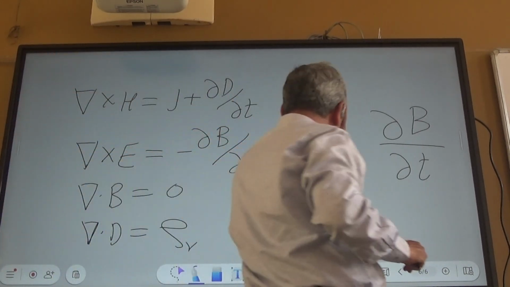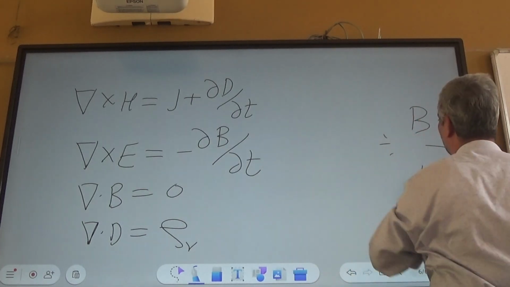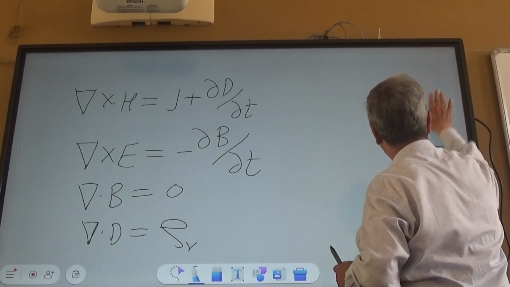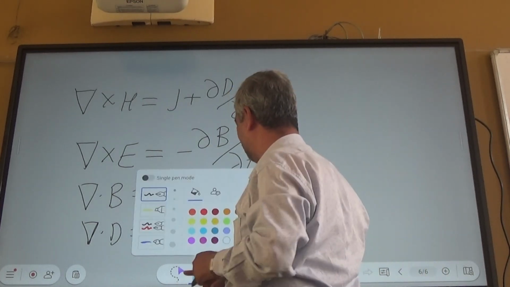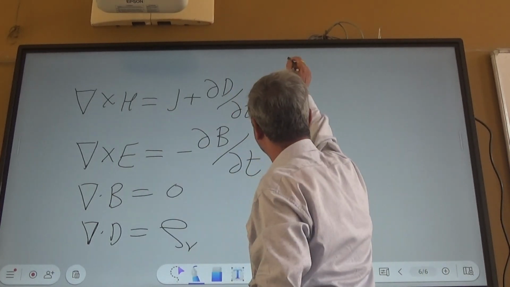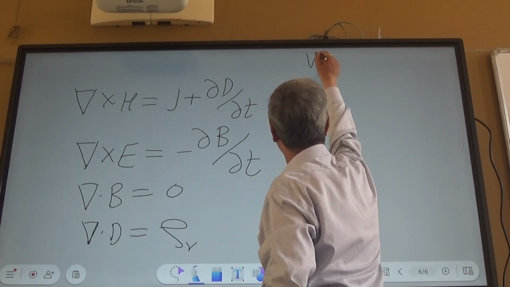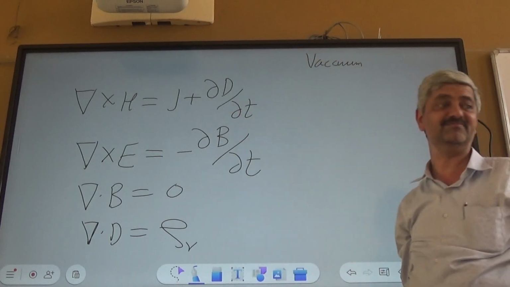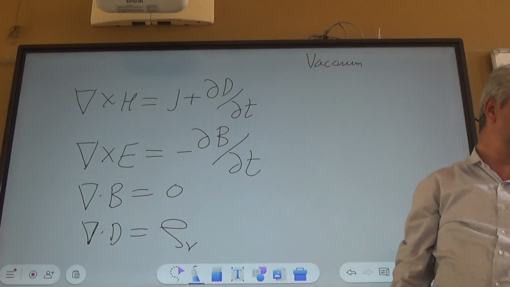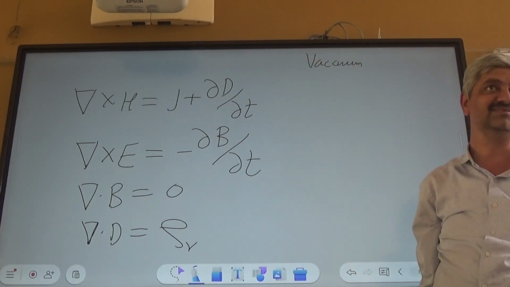Now, how do they get converted to vacuum? In vacuum, what will happen? These are the point forms. Integral forms you can derive later. In vacuum, what will they become? In vacuum there can't be conduction current.